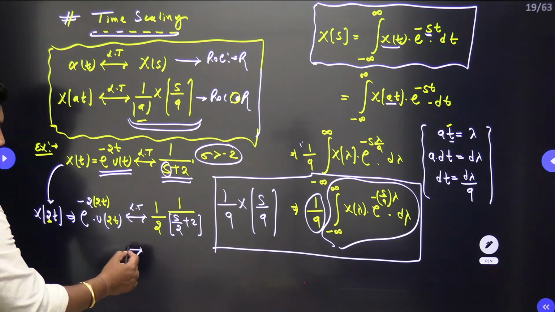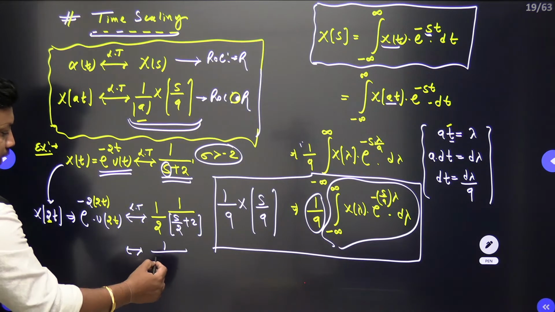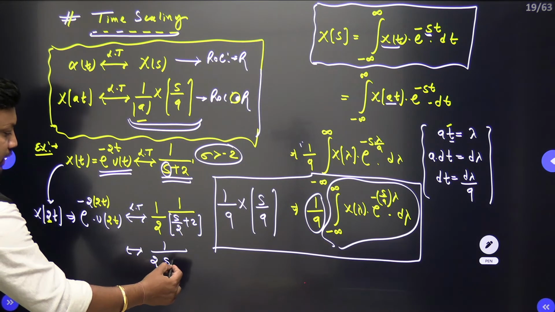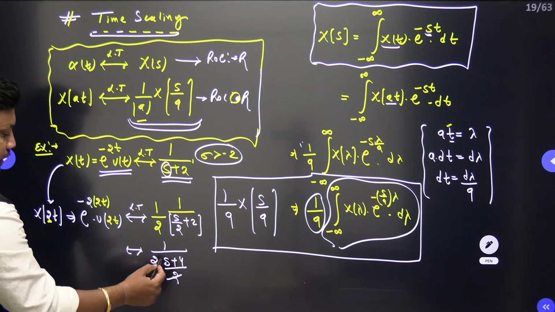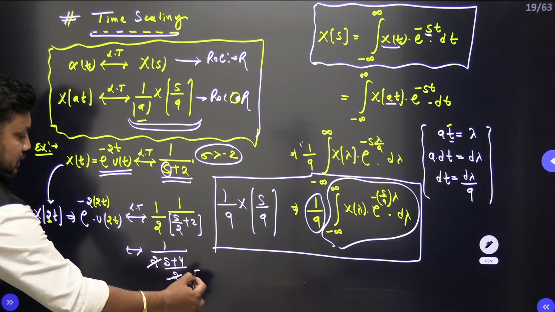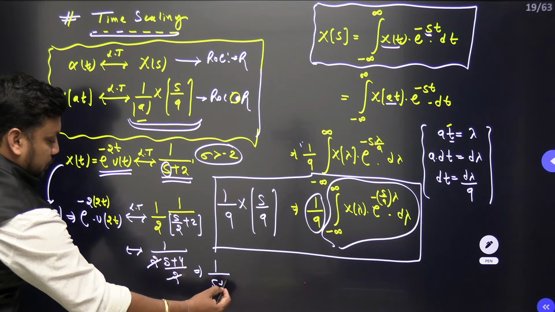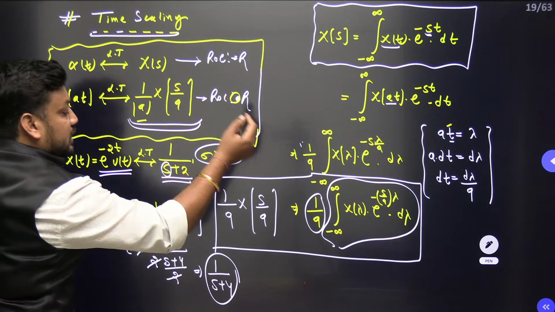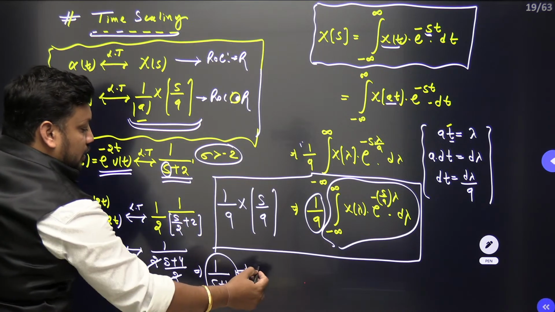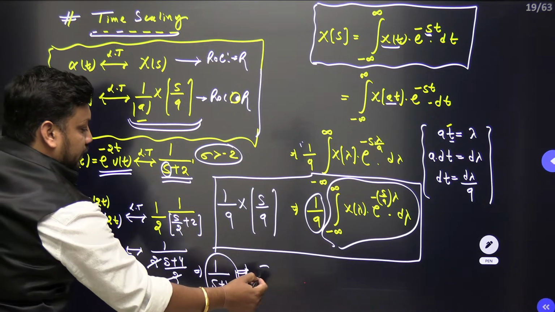If I take the LCM, the 2 is already outside. Here s plus 2 times 2 gives 4, with LCM upon 2, so the 2s can cancel out. The final result is nothing but 1 upon s plus 4. And according to this, what is the ROC? I told you the ROC scales with a. Earlier the ROC was sigma greater than minus 2.